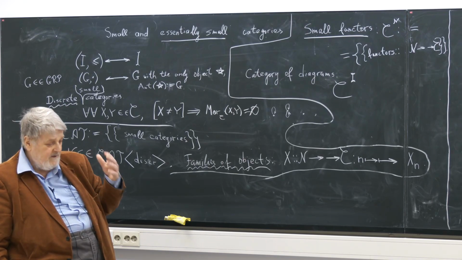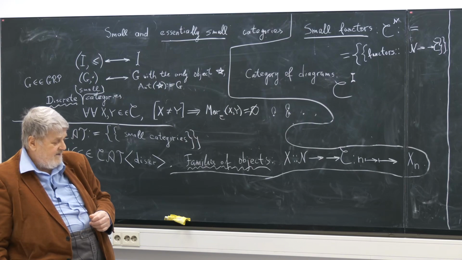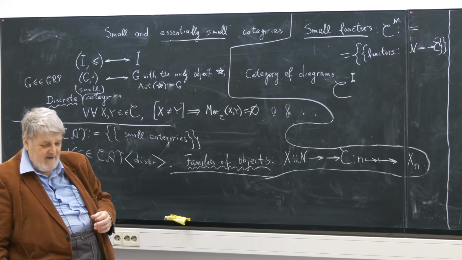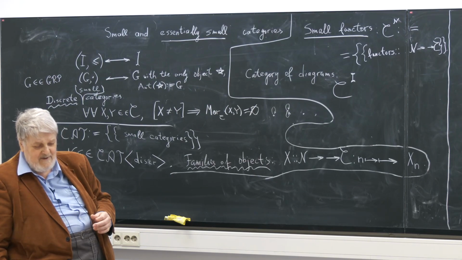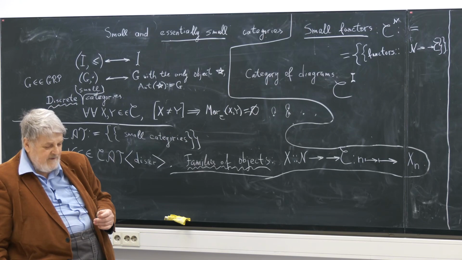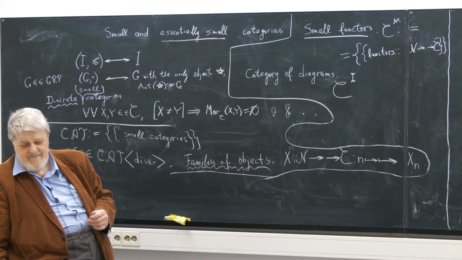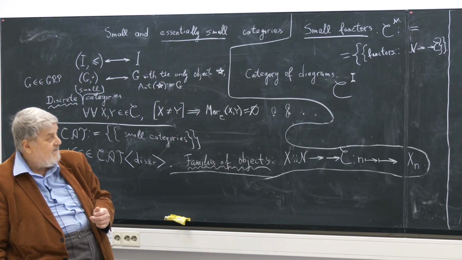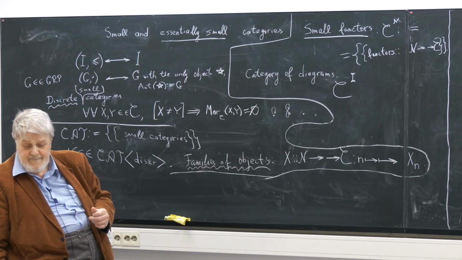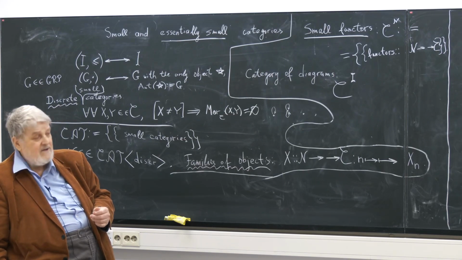So I'm using N as just a discrete category. I thought about it as N, something close to natural numbers, with no obvious morphisms, but the idea is perhaps not so good because at least some natural order is imposed on natural numbers.